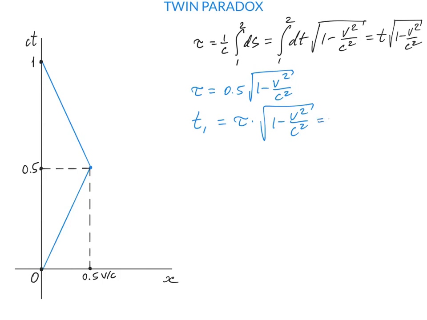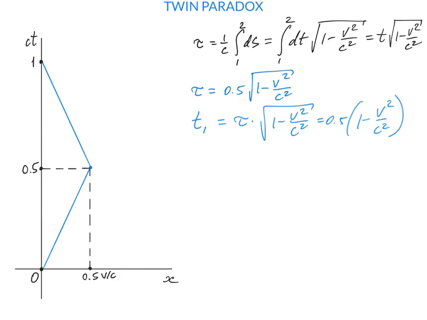So that would be 0.5 times 1 minus v squared over c squared. And she would figure there's a similar time period on my way back. So overall, Bob will be younger than I am when I return.